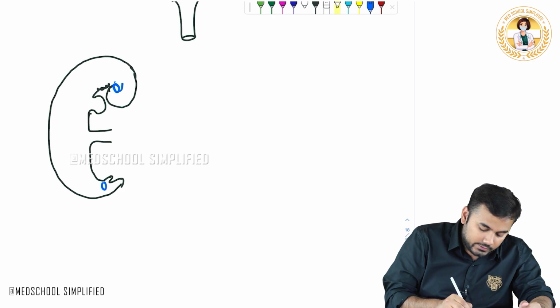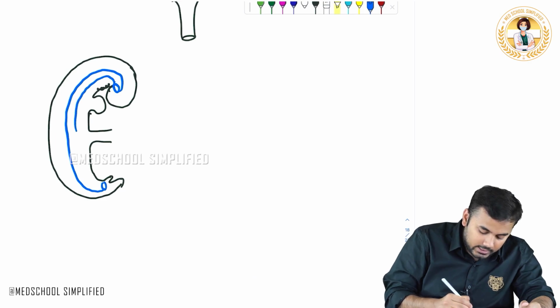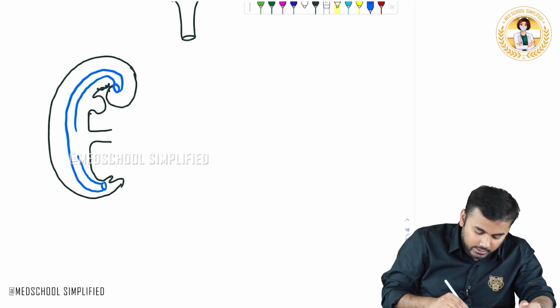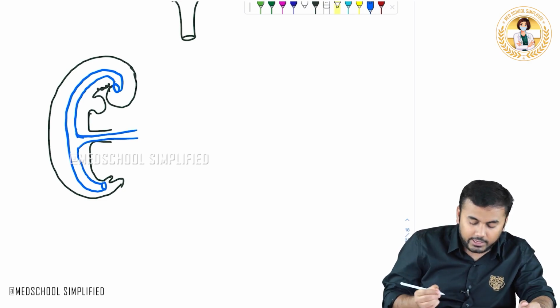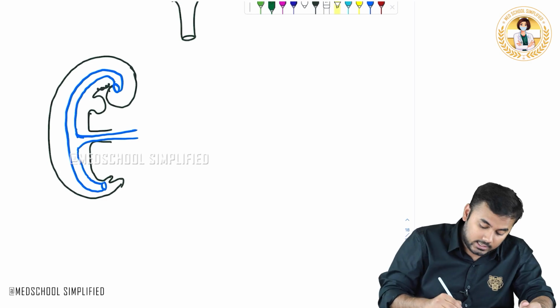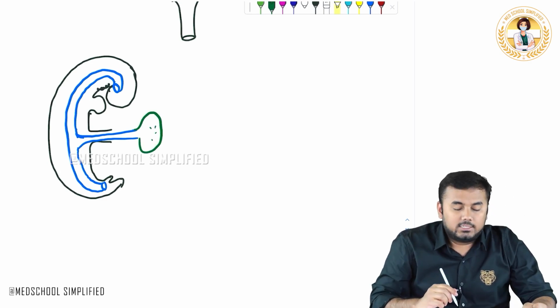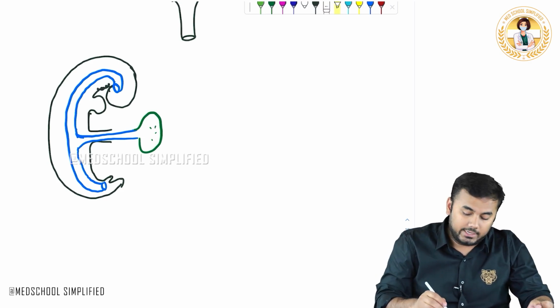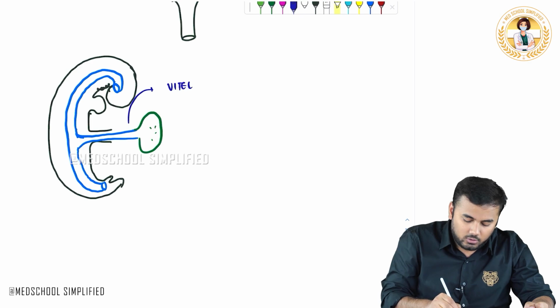Connecting the foregut and the hindgut is the midgut. This midgut has a duct like this. Where is this duct attached? It is attached to the yolk sac. This duct in between is called the vitello-intestinal duct.